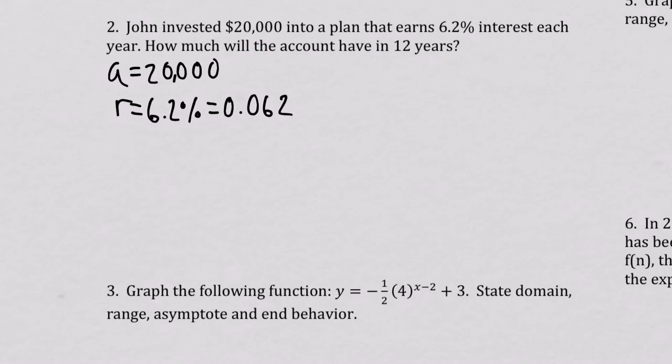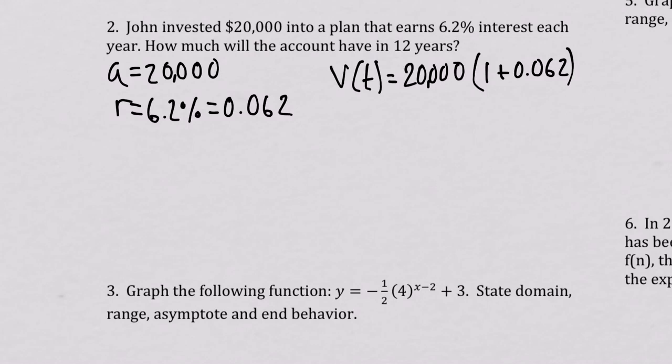So let's write our problem. It's going to be V of t equals P, or A, 20,000. Now I'm using V to represent the investment. In this problem, you could use f of x or f of t if you want. Times 1 plus r, which is 0.062, to the power of t.